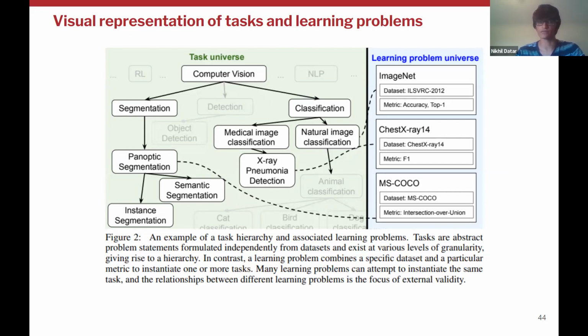It goes down from computer vision, splits into segmentation and classification, and is further divided into more specific tasks. Whereas a learning problem is associated with a particular task, but can be fully defined by the data set and the metric.